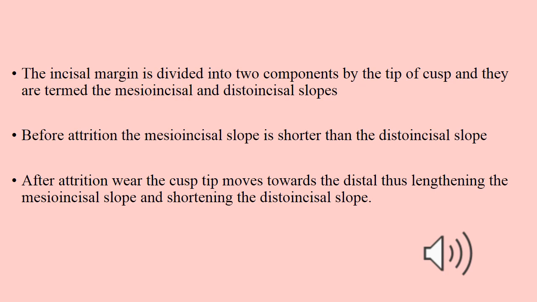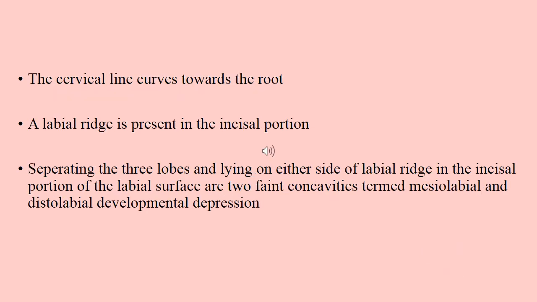Before attrition, the mesioincisal slope is shorter than the distoincisal slope. After attrition, the cusp tip moves towards the distal, thus lengthening the mesioincisal slope and shortening the distoincisal slope. The cervical line of the labial aspect curves towards the root.